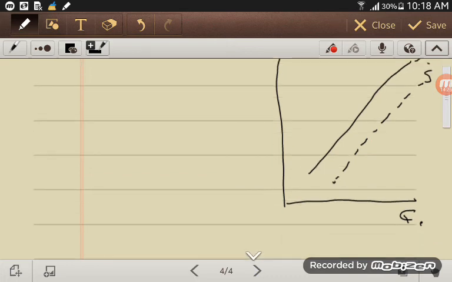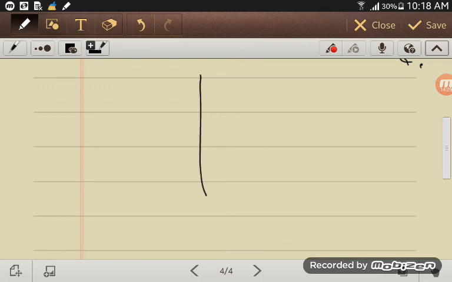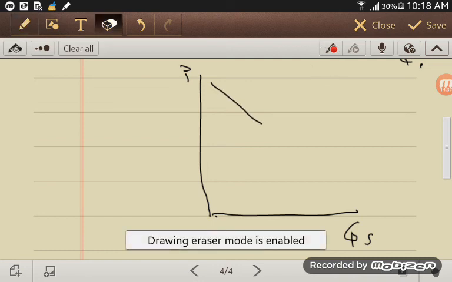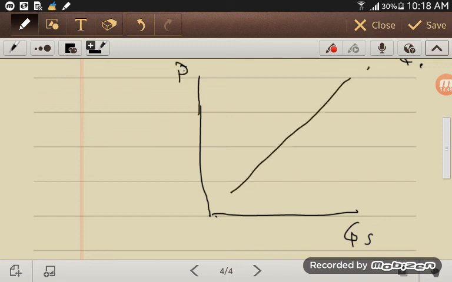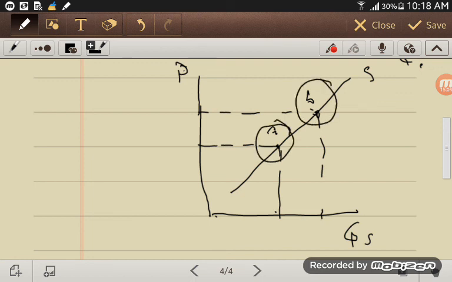The only factor that will cause movement along the curve is the price, just like demand. If price is going to increase, we are going to move from point A to point B along the same curve.